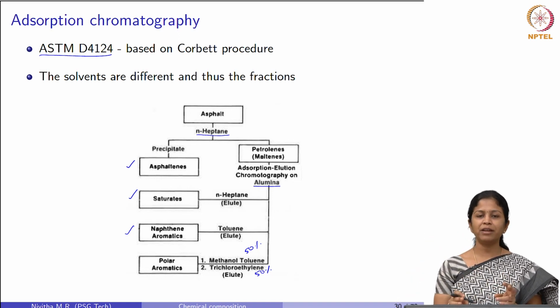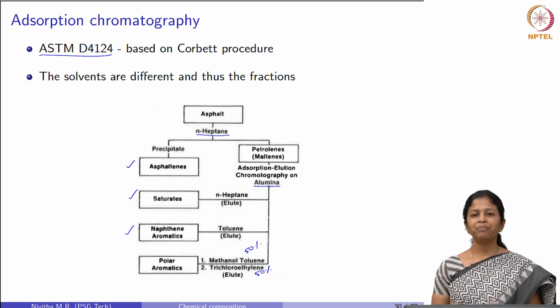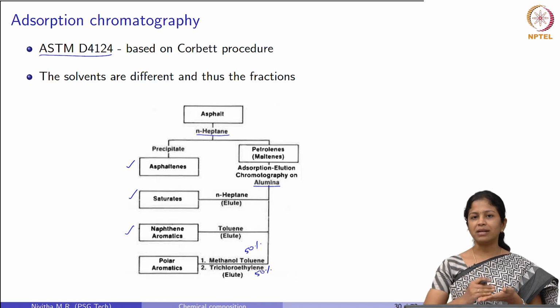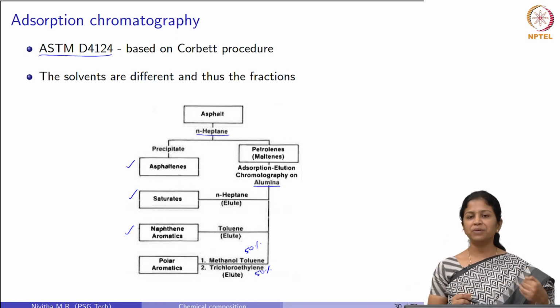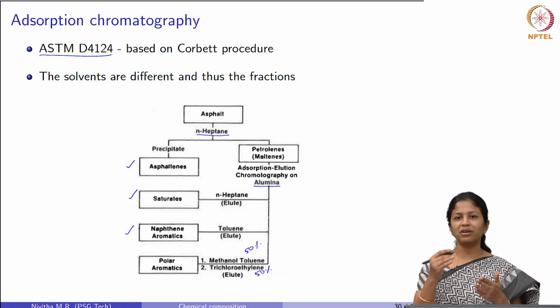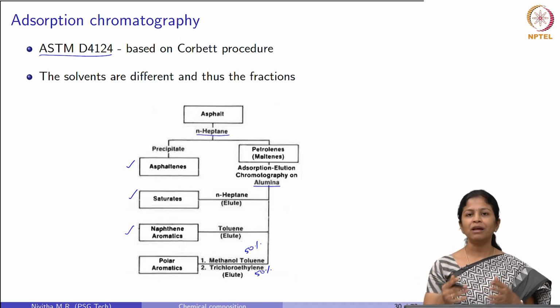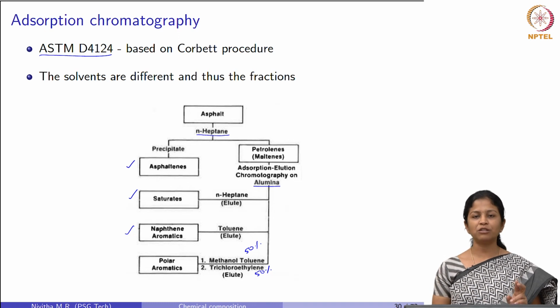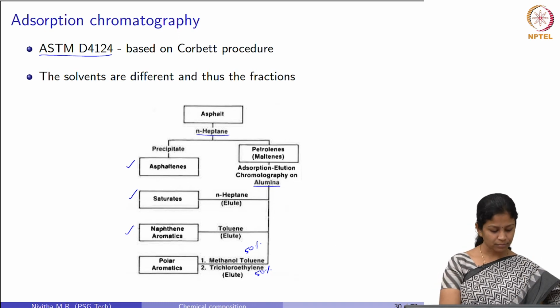There will be some variability because this is not a standardized procedure. It works on adsorption chromatography. When we see how adsorption chromatography works, we will understand why we do not get repeatable results for two specimens of the same material.